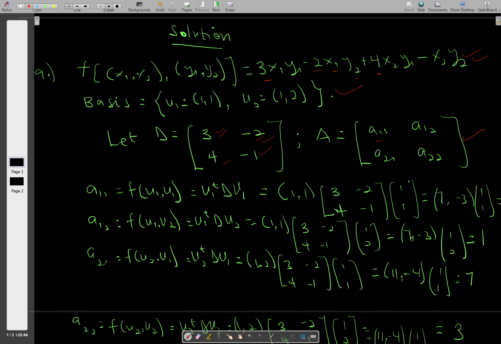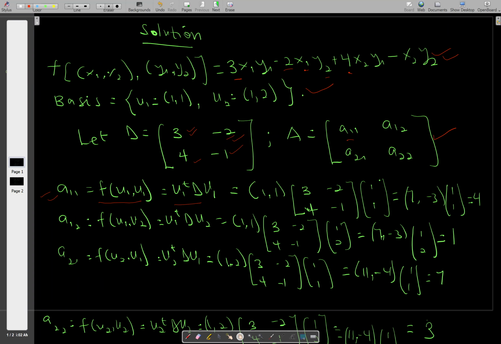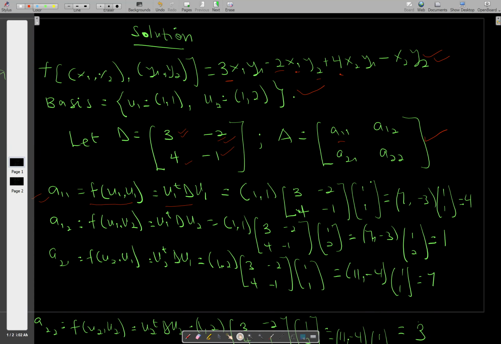Now A11 is given by, from definition, f of (u1, u1), which is the same as u1 transpose D u1. When you simplify, you get 4. A12, that's f of (u1, u2), is given by u1 transpose D u2, and you solve this, you get 1.